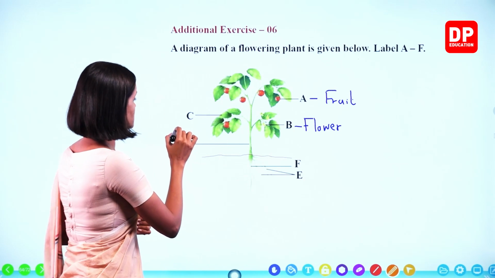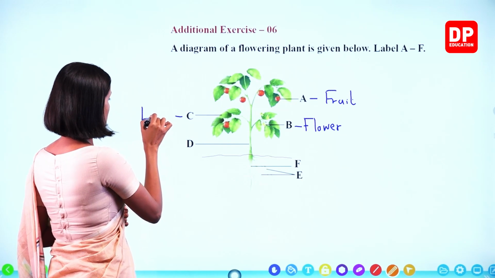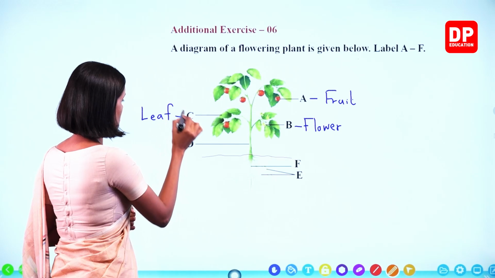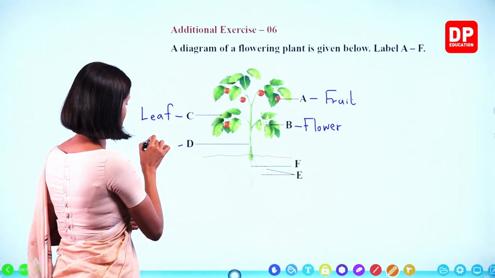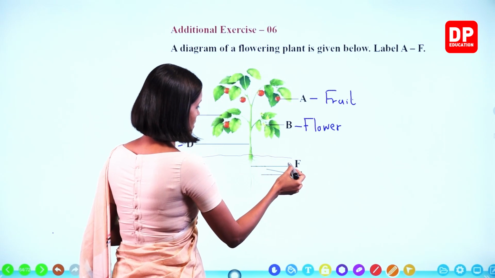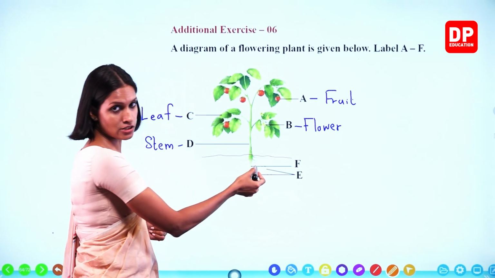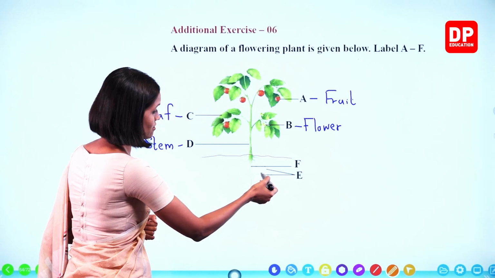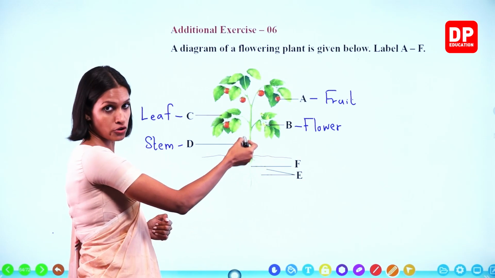C, leaves. D is the stem. E, lateral roots. Okay, these are the lateral roots and F is the main root or the tap root.